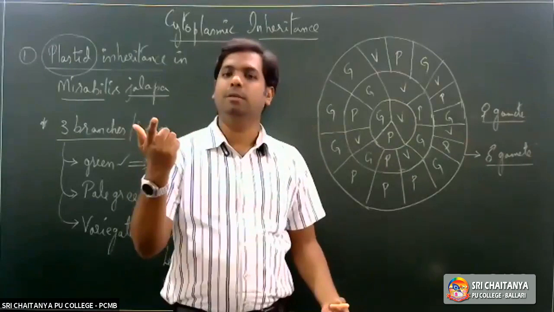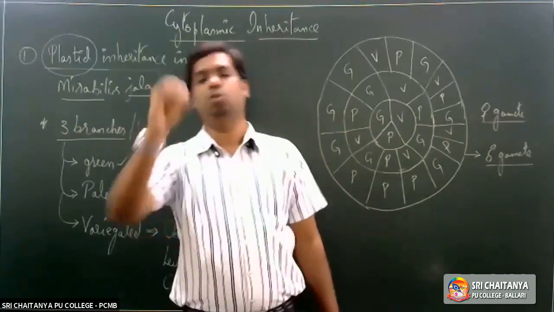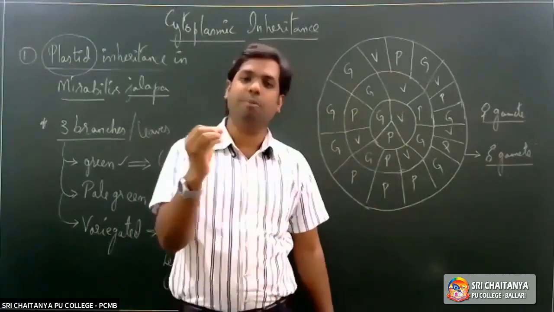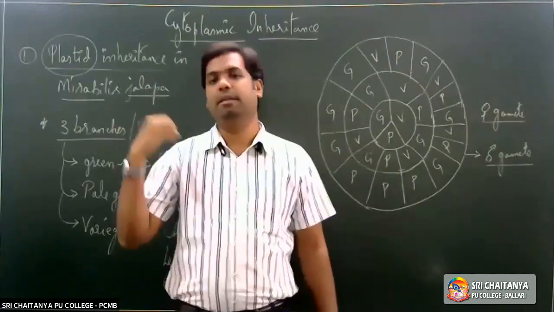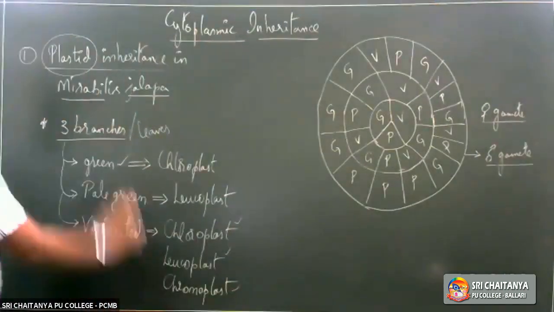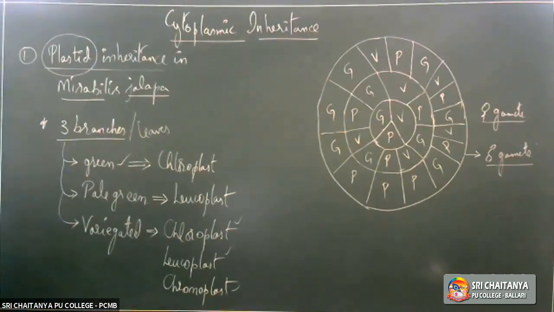Why only the mother? Because it is the mother who contributes the cytoplasm to the zygote. So whatever characters are present in the cytoplasm would be present in the offspring also. This is the first example, plastid inheritance in Mirabilis jalapa.